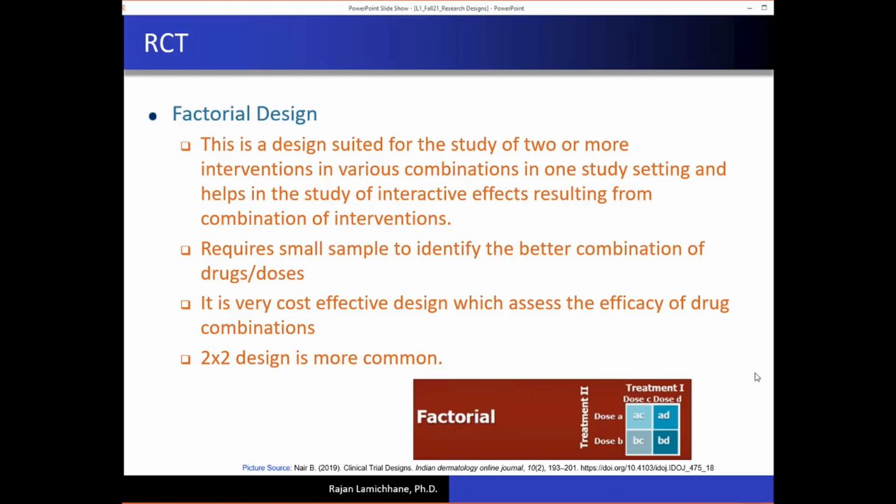The factorial design requires a small sample to identify the better combinations of drugs or doses. Usually, factorial designs are used to identify which dose of the drug is more effective, and we compare those doses of different drugs. In general, 2 by 2 is a very common design. 2 by 2 means we are comparing two treatments or two interventions and two different doses of each intervention. And here is a pictogram of a factorial design.